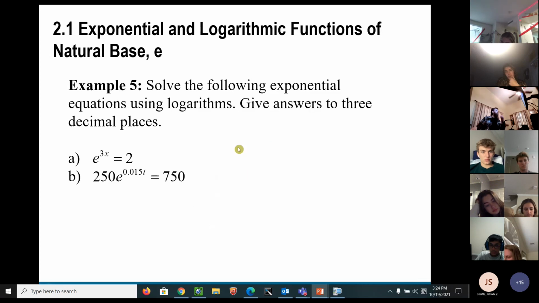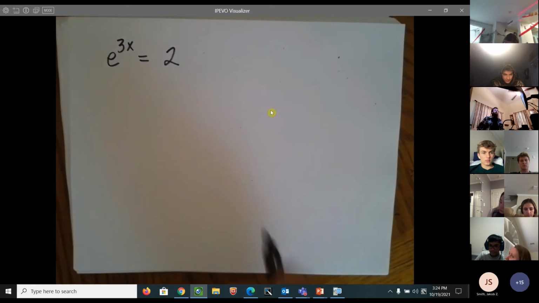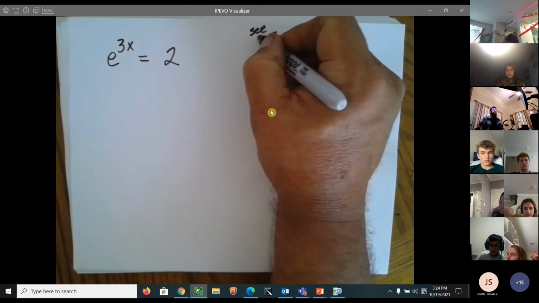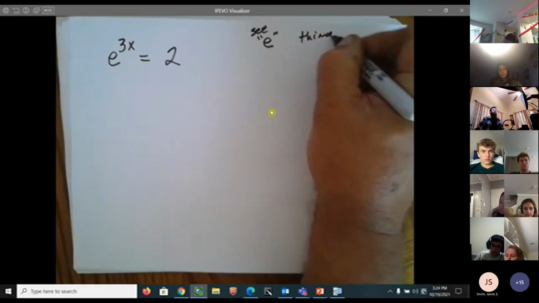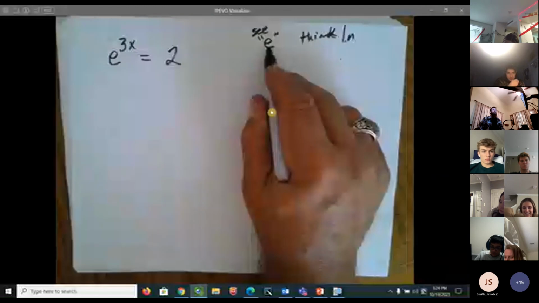e to the 3x is equal to 2. Take the natural log of both sides. That's a little bit of review. So if you have e to the 3x equals 2, anytime you see e, you need to think natural log, because natural log will get rid of e.